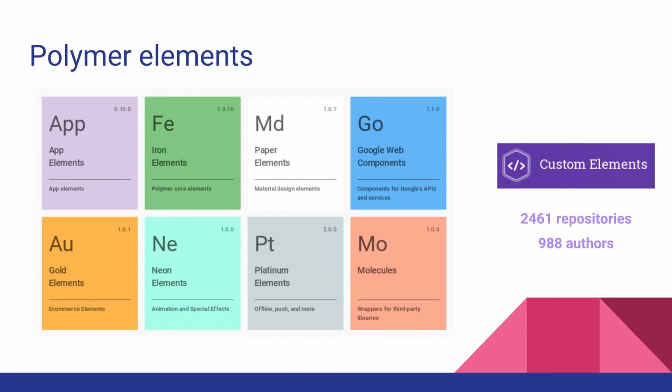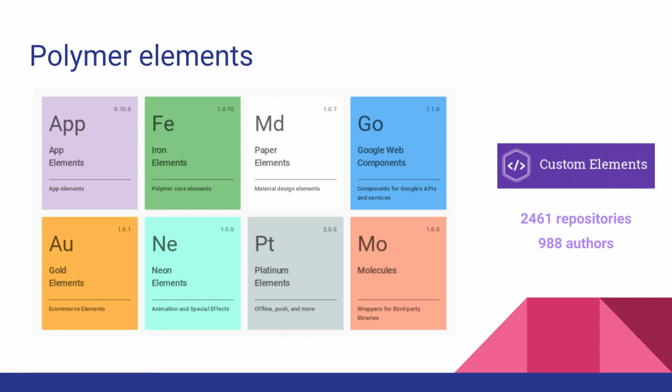So, some elements then. Google has built Polymer and has a lot of elements that you can use. You have the app elements. These are for building applications, so you have routing, localization, and so on there. Then you have the iron elements, more of a functionality base. There you have iron-ajax for fetching things from the network, for instance.